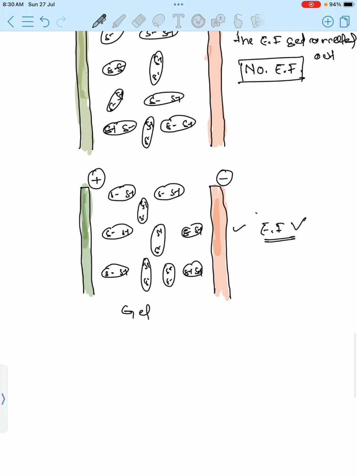Here also some of the solvent molecules are randomly arranged.